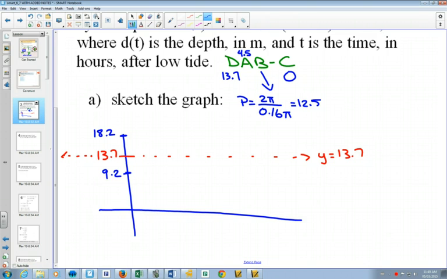Since our period is 12.5, we'll mark 12.5 on our x-axis and divide it into 4 equal sections. Start by dividing in half, divide it in half again, and then figure out the third one, 3.125 plus 6.25 will give us 9.375.